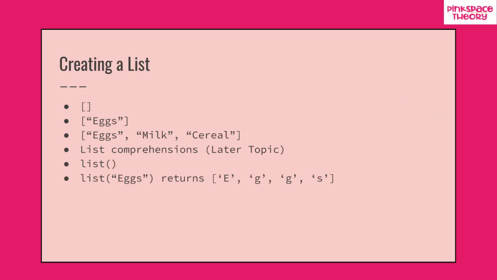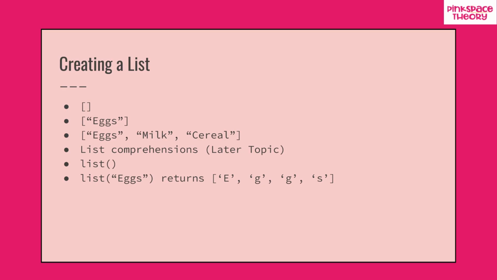Now, there are several ways to construct a list. First is just a pair of square brackets. This creates a list that is currently empty. Then inside of the square brackets, you can have the item or items. If there are multiple items, you would separate them with commas. There's also list comprehensions.